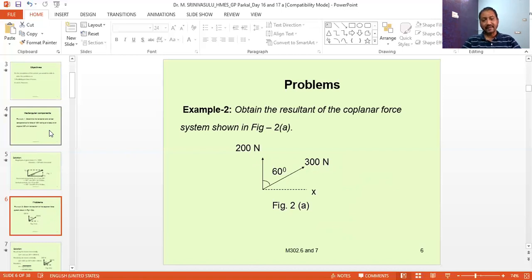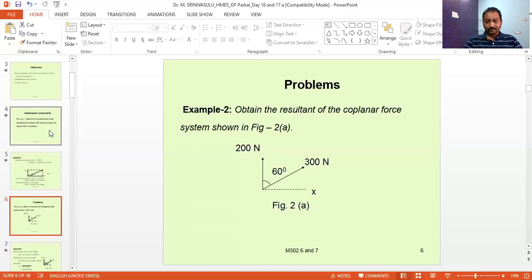One of the forces is acting at 60 degrees with the vertical, having a magnitude of 300 newtons, and the other force is acting vertically upwards, having a magnitude of 200 newtons. So this is the figure.